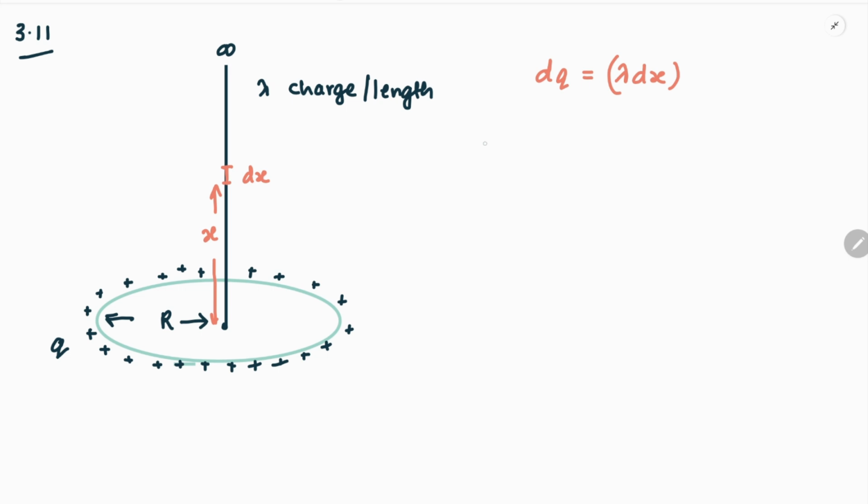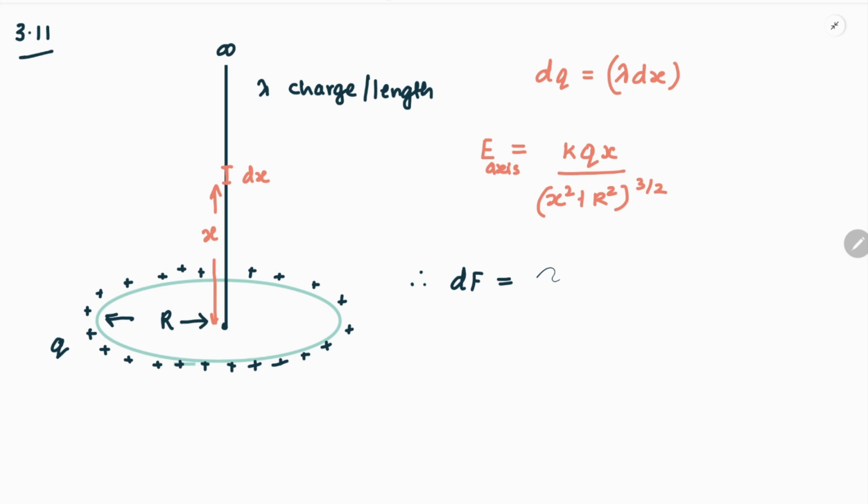And if we calculate the electric field at this point, which we have already calculated in the previous problems, it is equal to kqx upon x square plus r square to the power 3 by 2. From these two deductions we can say that the force on this, directed along the axis of the ring, E on the axis of the ring.